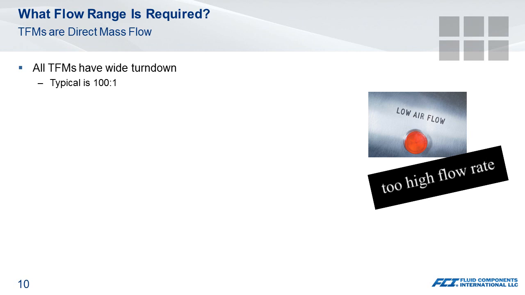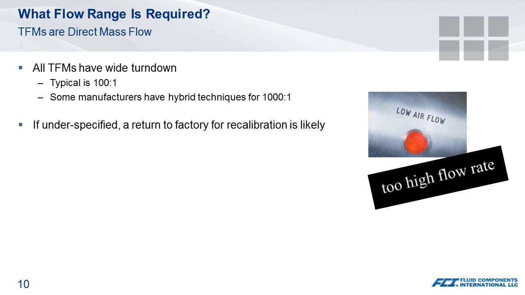In an underspecified application, while most manufacturers will calibrate their meter with 10 to 20% overhead forgiveness, beyond that, if it's underranged, it's going to be the dreaded words of return to factory for recalibration.